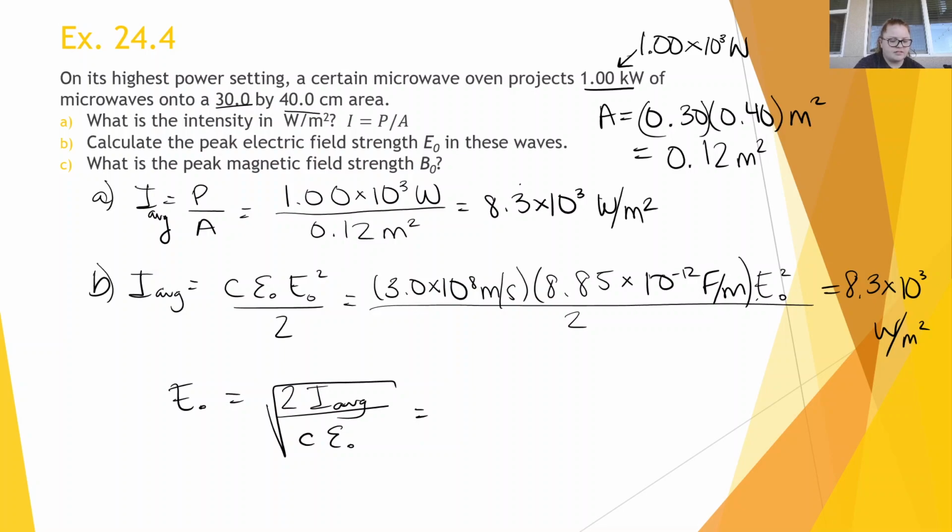So we have that times 2, divided by 3 times 10 to the 8th, times 8.85 times 10 to the negative 12, and then square root that guy.